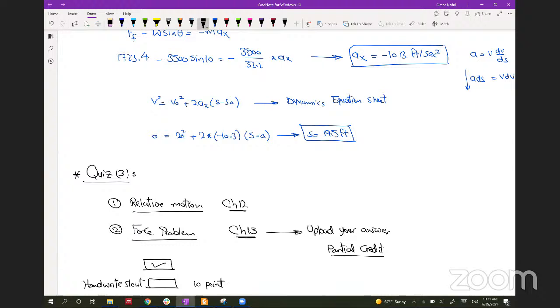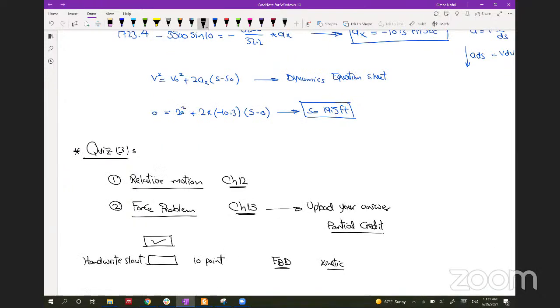And you will be asked to draw a free body diagram, and you will get points on the free body diagram if it's right, and also the kinetic diagram if it's right. So you will have to put all of these into your problem so you can get the partial credit for this problem. So I encourage you to do this.